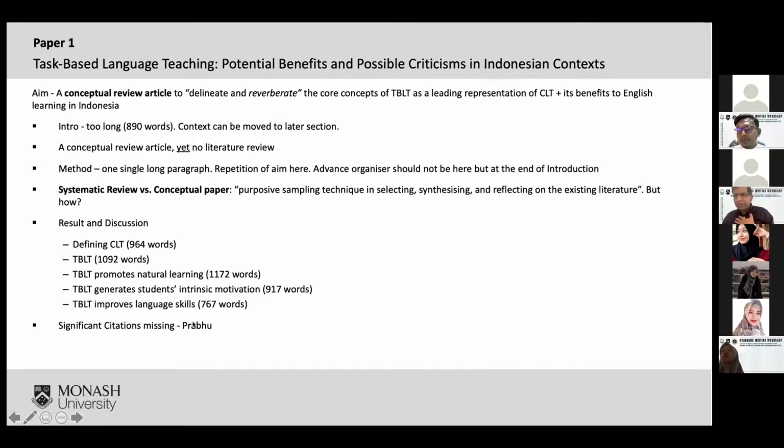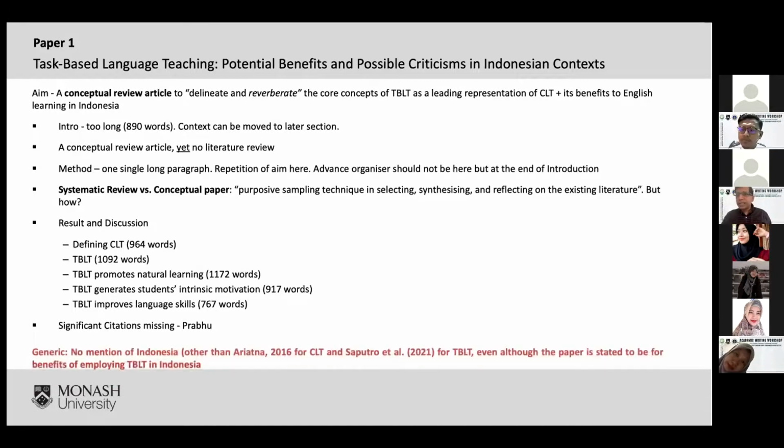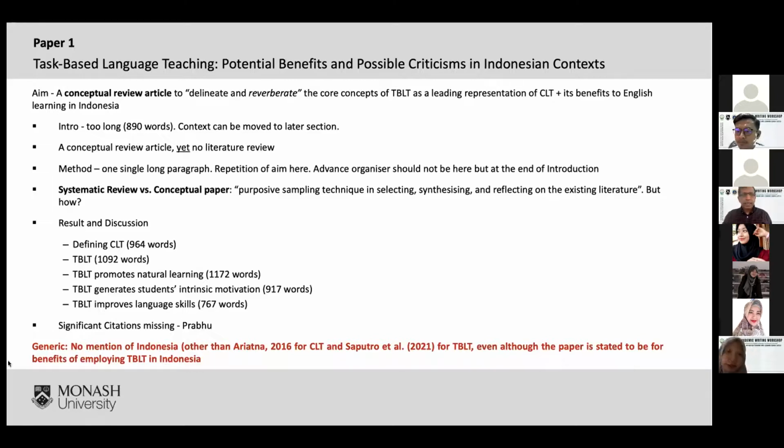And as a peer reviewer, I'm saying, okay, that's not right. For me, the biggest problem for this article was this: it was generic. There is no mention of Indonesia, other than one reference in this section and one reference, Saputro, in this section.